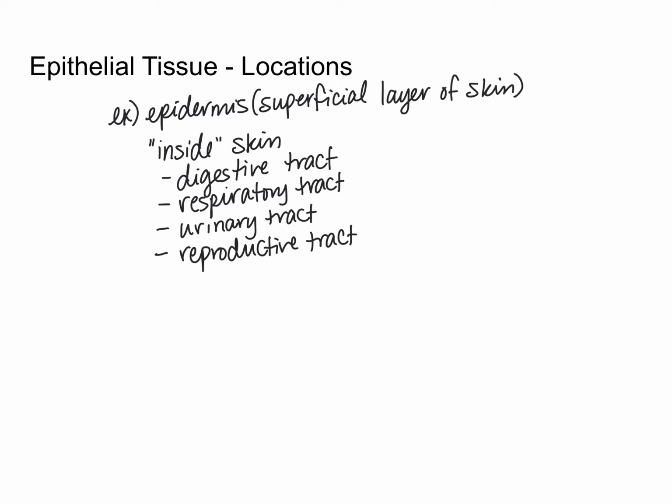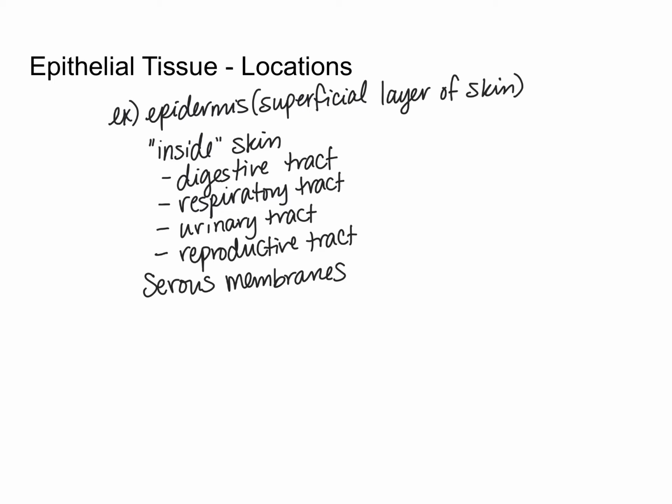We also find epithelial tissue in these structures called serous membranes. And these serous membranes are like sacs or surroundings that go around your internal organs.